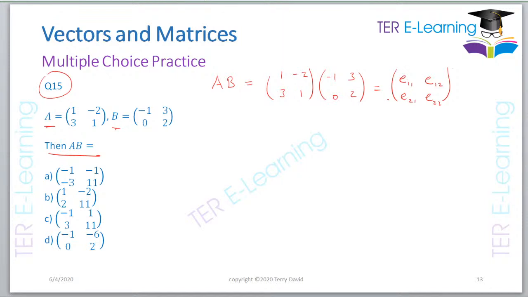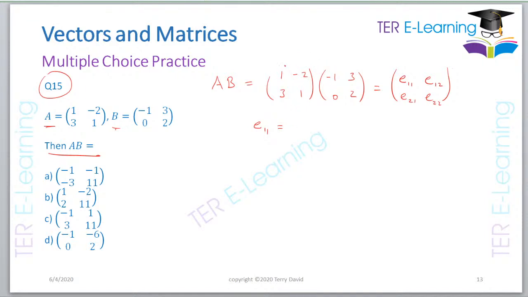If some of you have never done it like this, don't worry, you don't need to pay attention. Once you can multiply it, great. So here's what we're going to do. I'm going to work it out in parts so you understand. For element 1,1, we take my first row and multiply it by my first column.